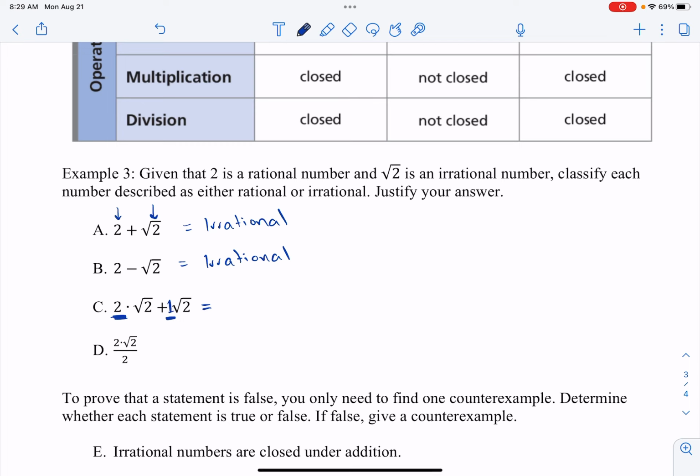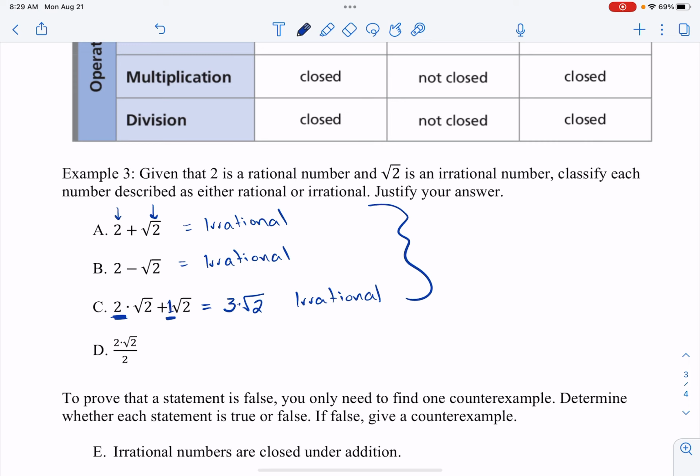Using like terms, I've got 3 root 2's, so I have 3 times root 2. But since root 2 is irrational, so is this whole thing. It's irrational because of the square root of 2.